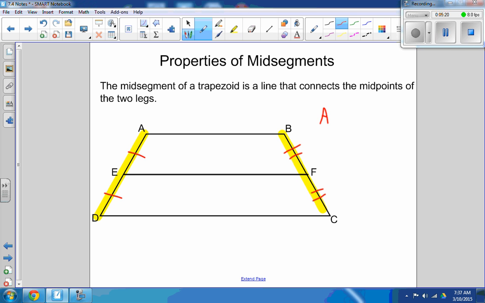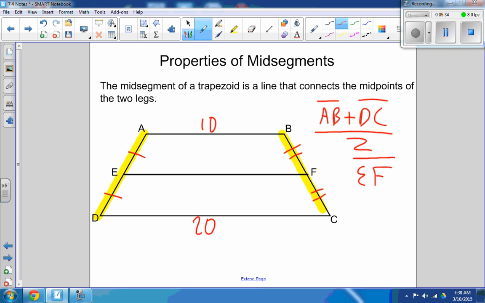So if I take the base and add the other base, divide that by 2, that equals the length of the midsegment. If AB was 10, DC was 20, 10 plus 20 divided by 2, so that's 30 divided by 2, it's 15. So EF would be 15.